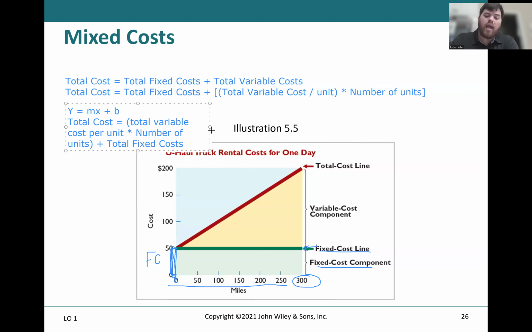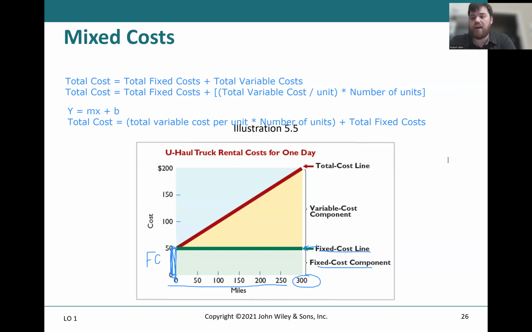So if you like your old-time algebra, then you can still use that. That's totally fine. That's all we're seeing here: Y, my total cost, is equal to two things. A variable cost per unit times the number of units plus the total fixed cost, and that's it.